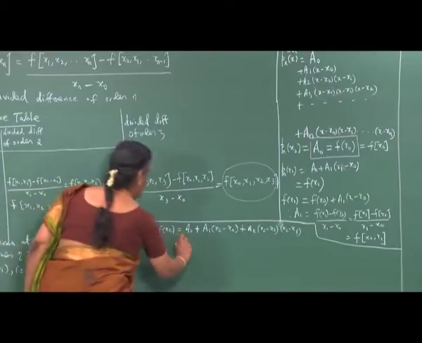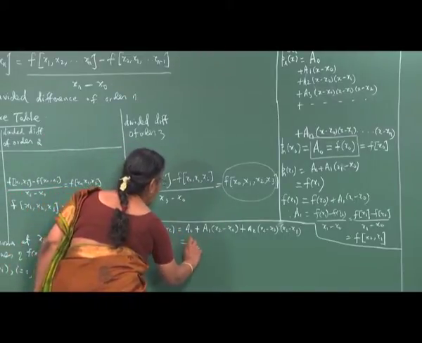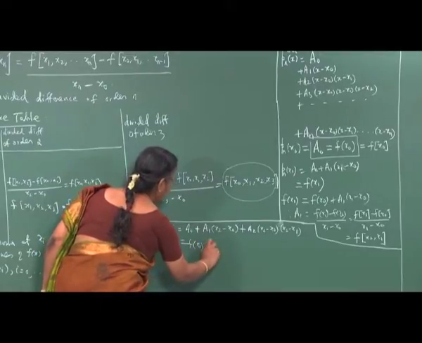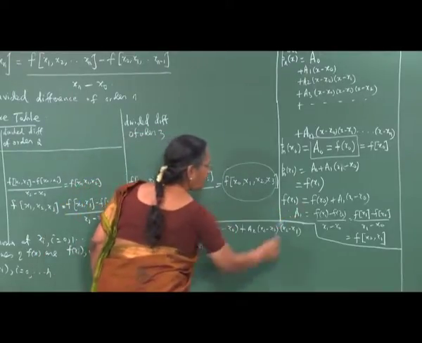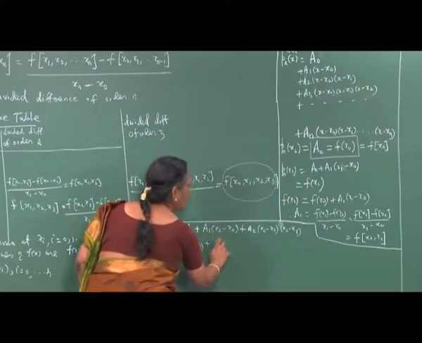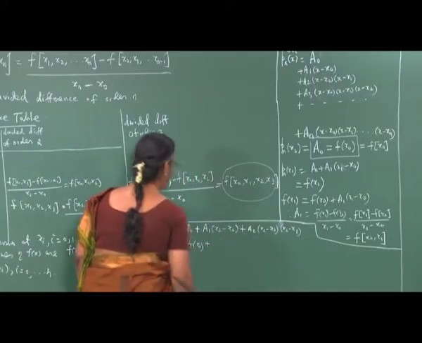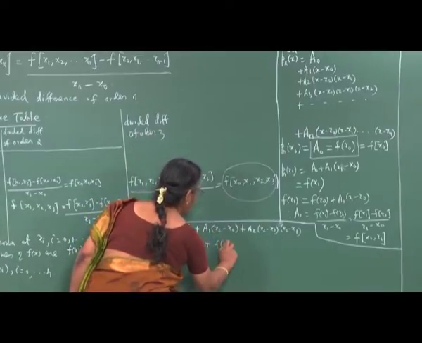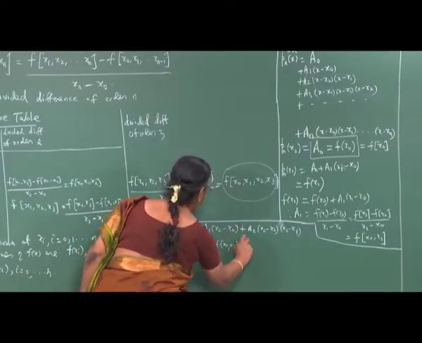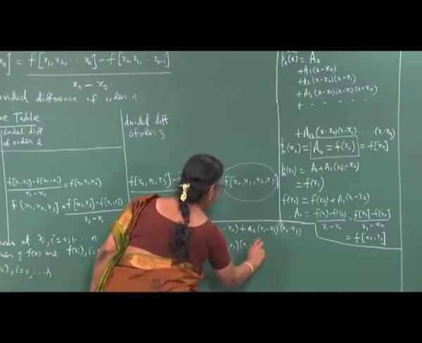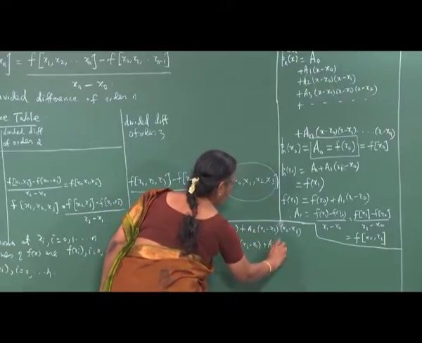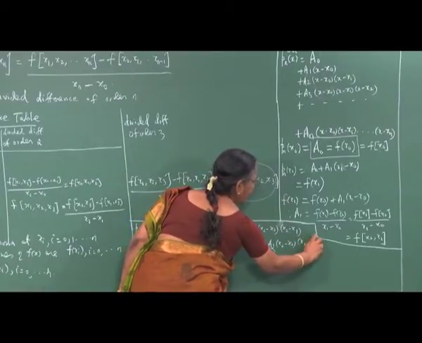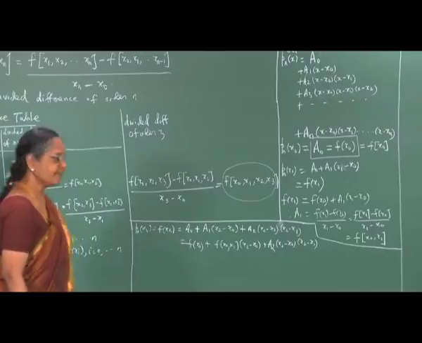So, we substitute for a naught. A naught is f of x naught plus a1, we have already obtained a1 and that is f of x naught x1 multiplied by x2 minus x naught.